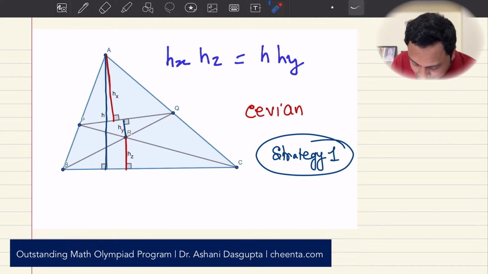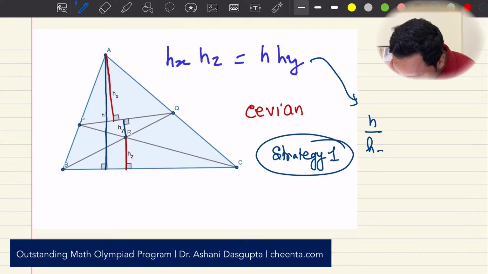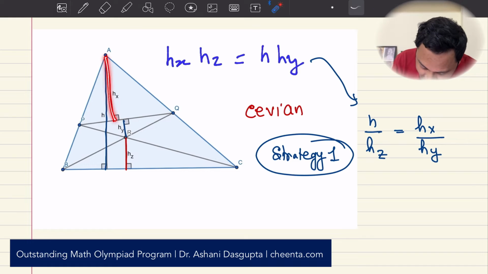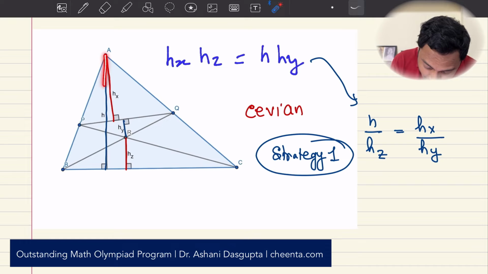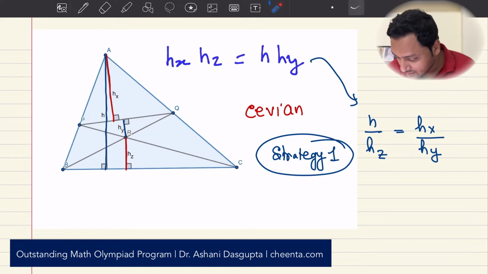So I will convert it into H by HZ equal to HX by HY. So the ratio of HX and HY, we would like to show that it's equal to the ratio of H and HZ. That's the first strategy. Convert the product into a ratio.